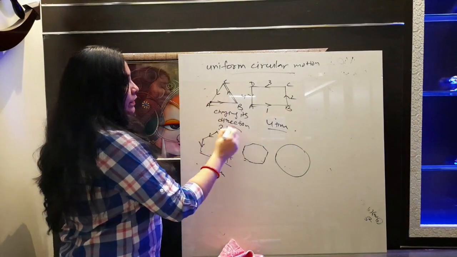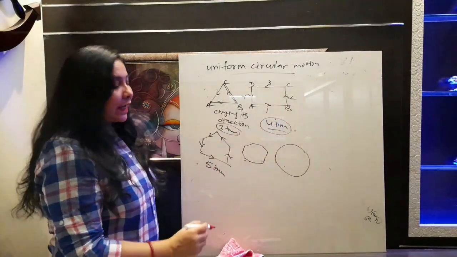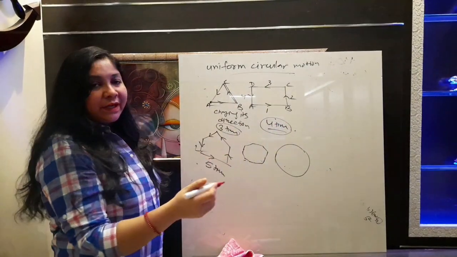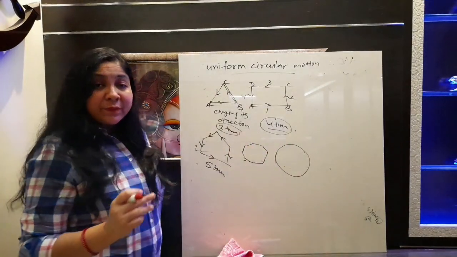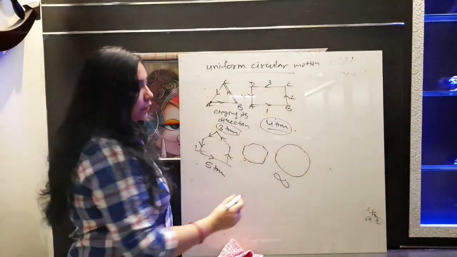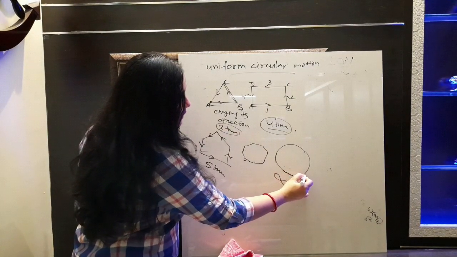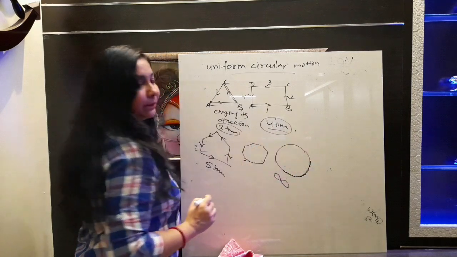In a triangle it changes direction 3 times, in a rectangle 4 times, then 5, 6, 7 times. Then in a circle, how many times will it have to change its direction? Obviously an infinite number of times, because there are infinite points. At every point it will change its direction, right?